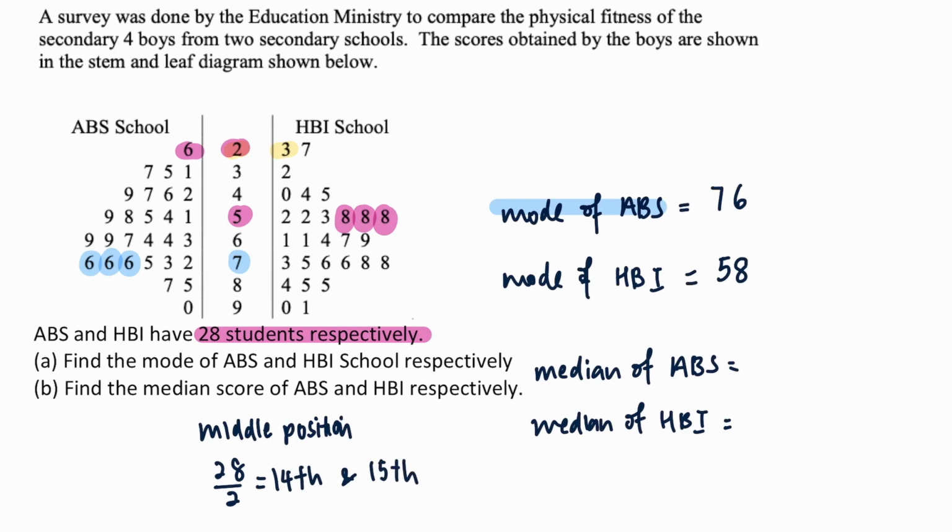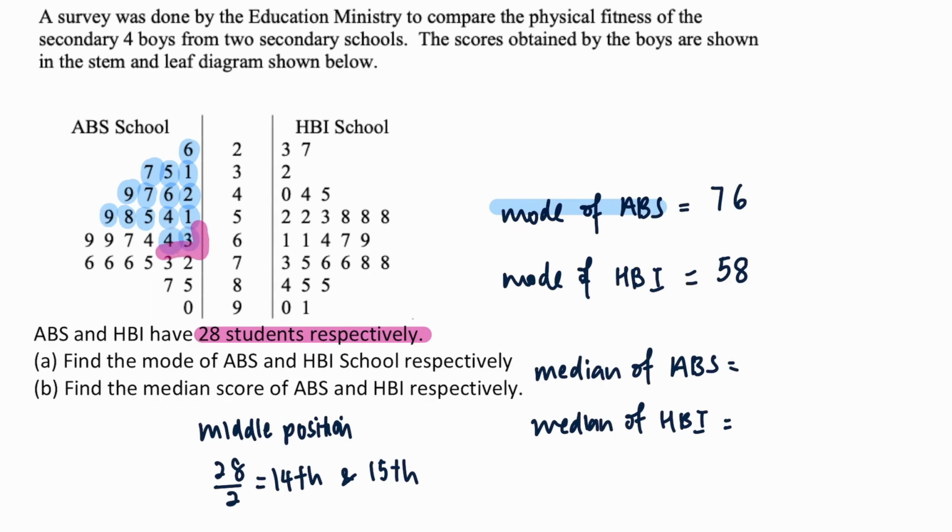So we're going to start counting for ABS. This is 1, 2, 3, 4, 5, 6, 7, 8, 9, 10, 11, 12, 13, 14, 15.